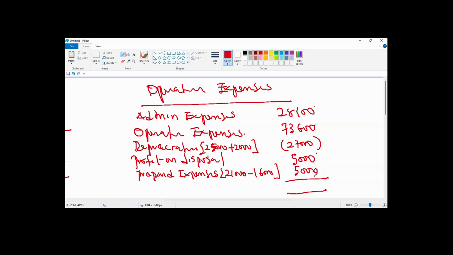What they gave us is the original cost and the sales value. They didn't give us the carrying amount.